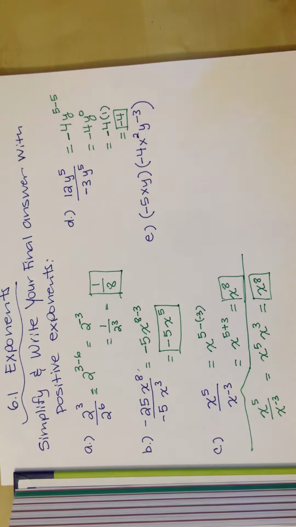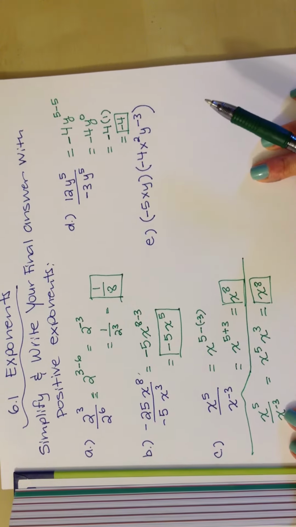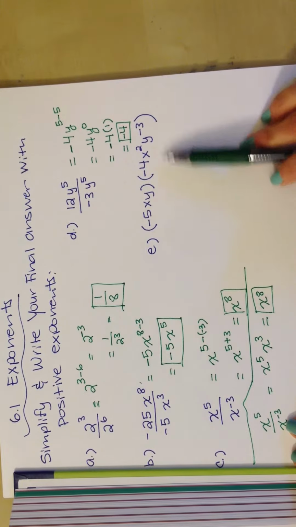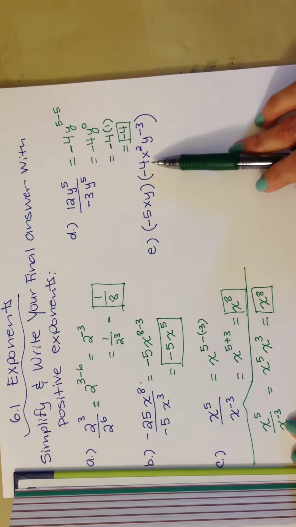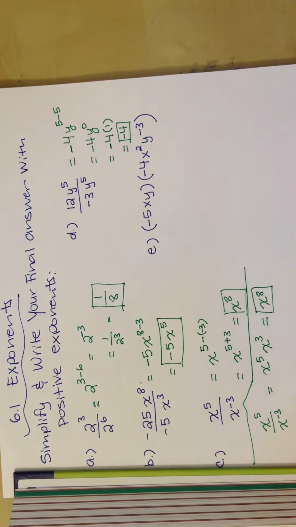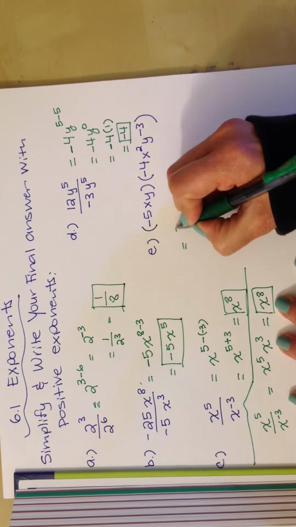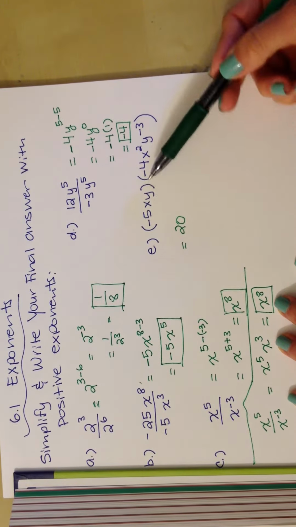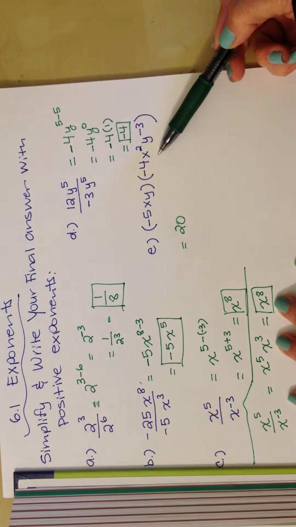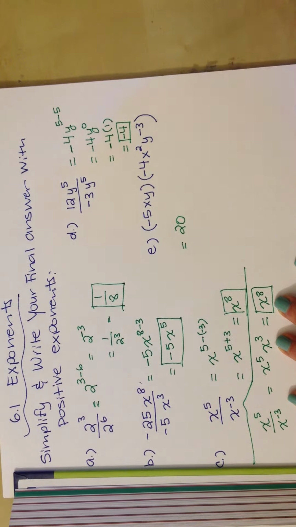Last example, we are multiplying. For multiplying problems of this form, we can multiply negative 5 and negative 4 together. Positive 20. Then we can look at x times x squared. I can add the exponents.